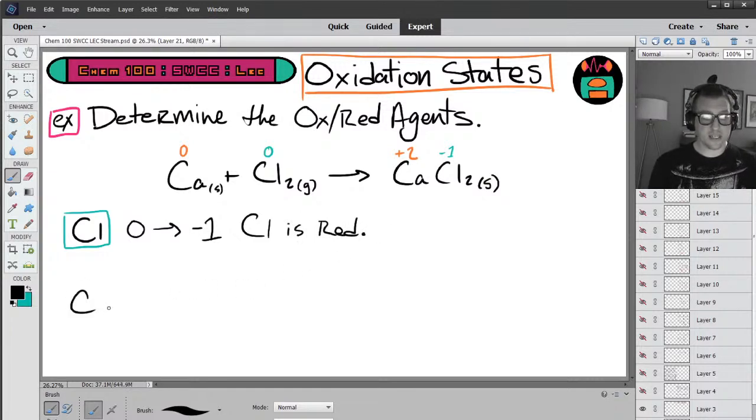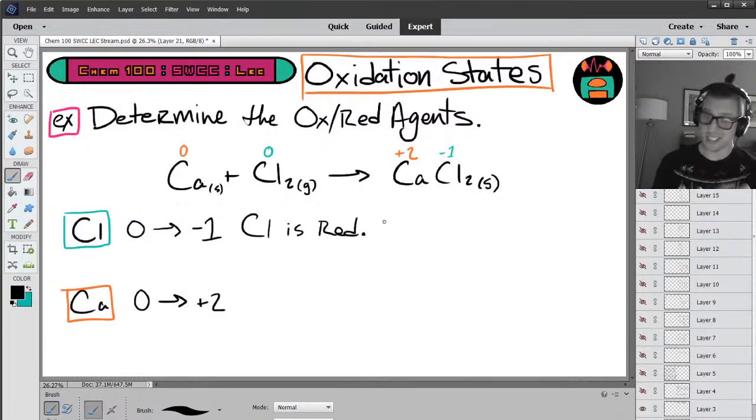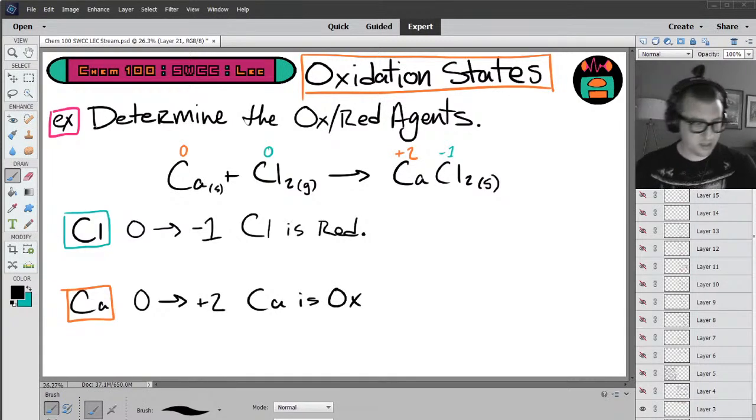If we look at calcium, calcium starts at 0, ends at positive 2, so calcium has lost electrons, right? Leo says Ger. So calcium is oxidized.